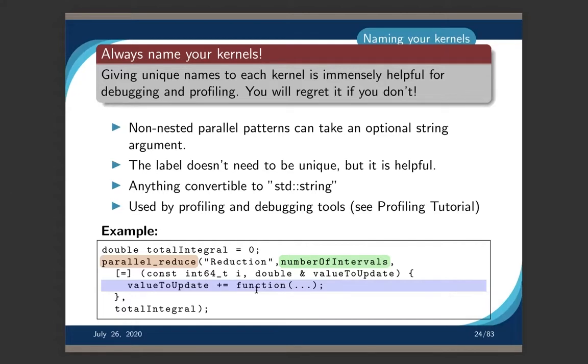What these labels do is they are used by our profiling and debugging infrastructure. There's a whole profiling tutorial on this. But one of the things that's really neat is that Kokkos has a built-in instrumentation layer, similar to what you have in NVTX and the ITT from Intel, etc. It's already built in.